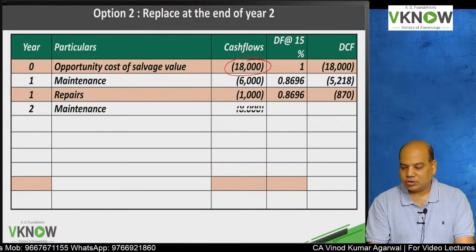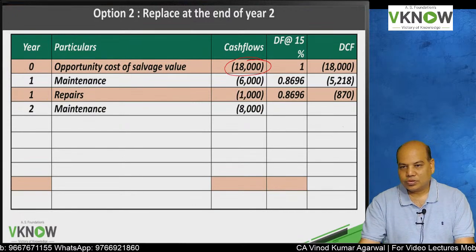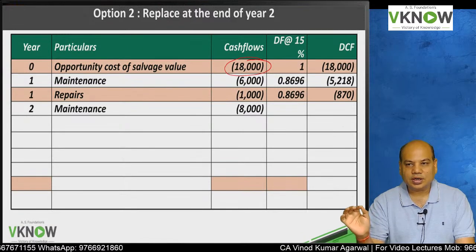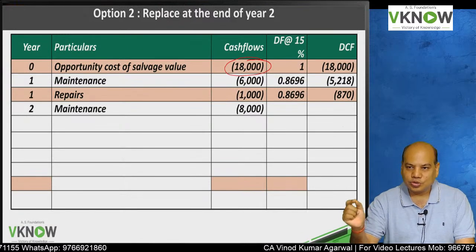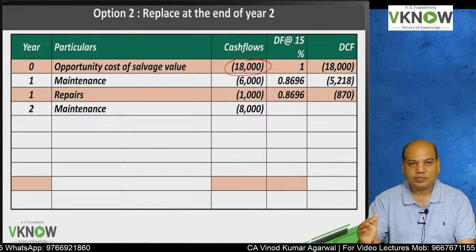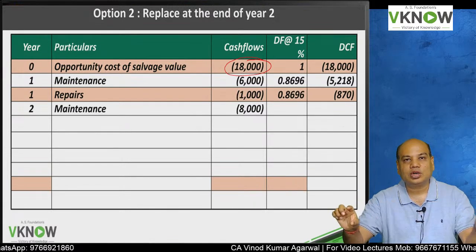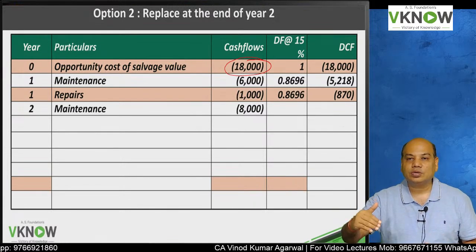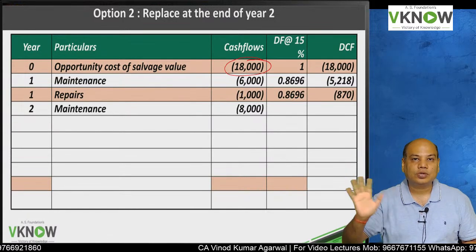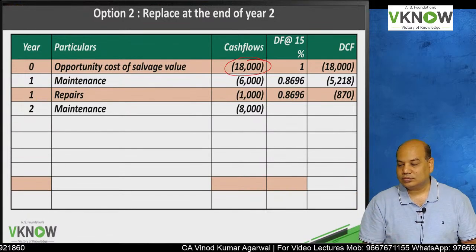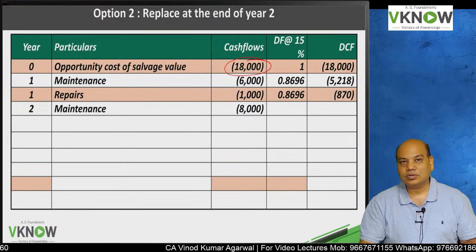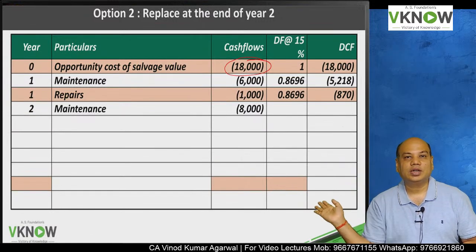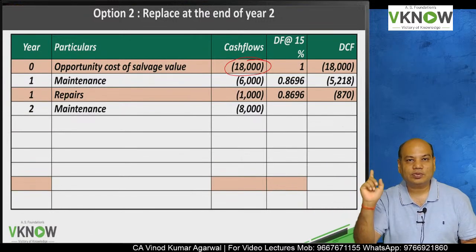So asking that question is also wrong. You can't take 12,000 scrap value, and you can't take opportunity cost 12,000 also. We have taken it once. Just take it as 2-year life. The 12,000 was given for the first answer, not for the second answer. For the second answer, we are going to sell it directly after 2 years. So that we will take.